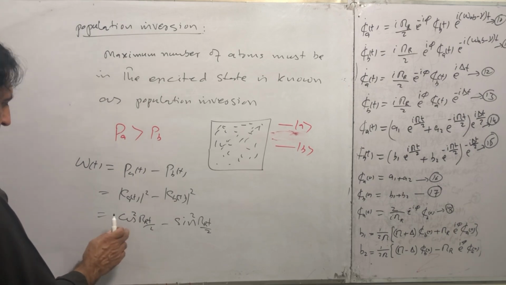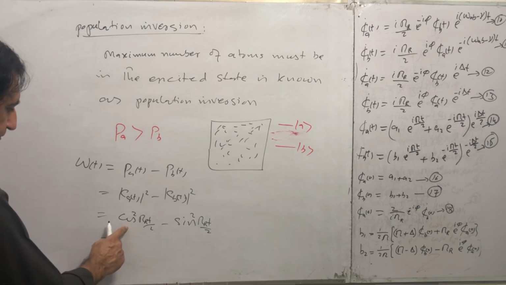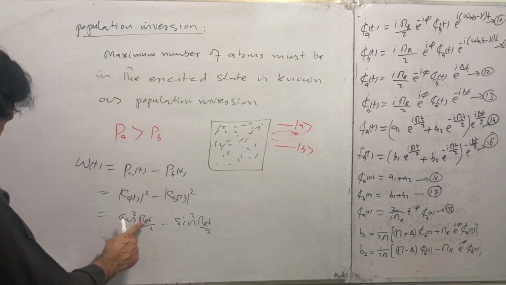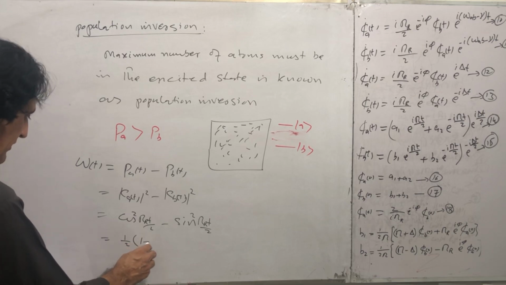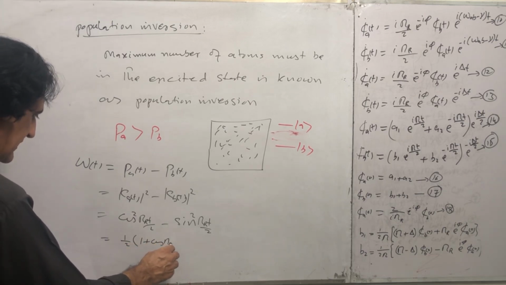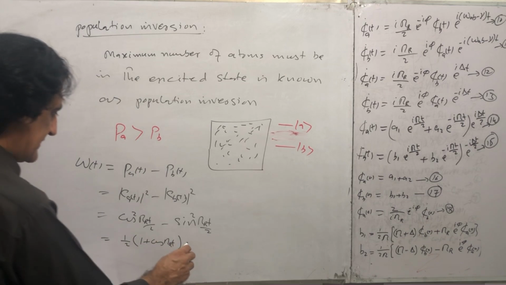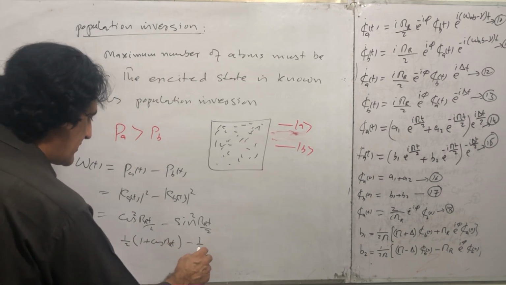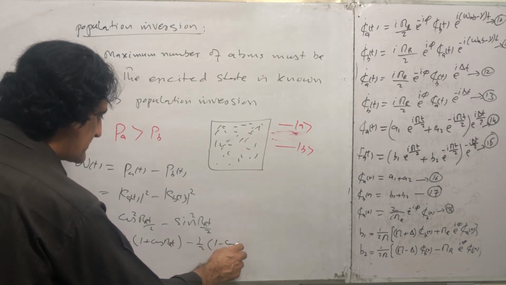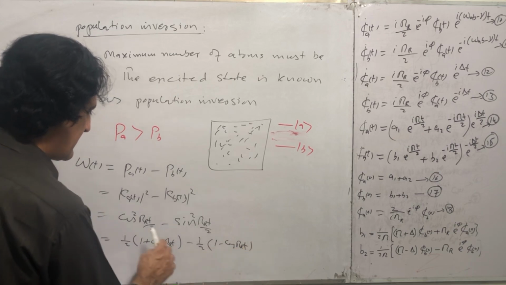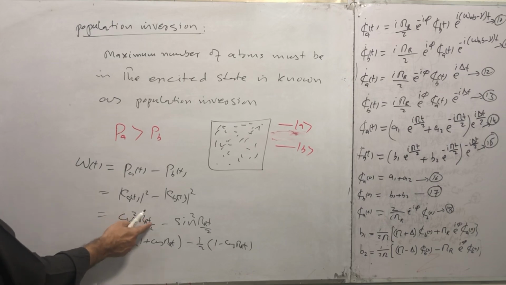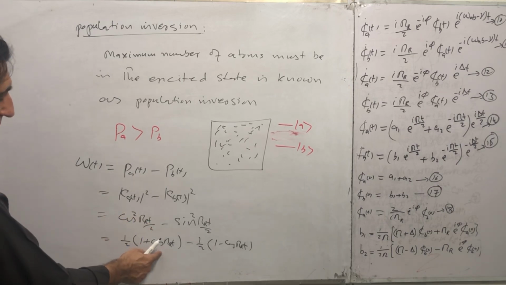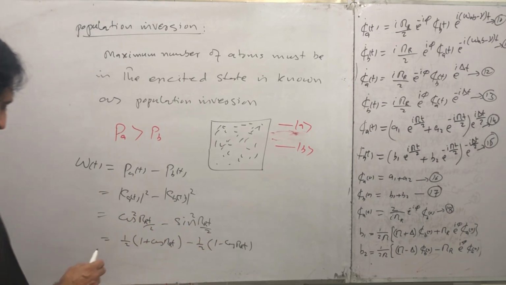If we put the value of cosine squared omega_r t in this form, this will be equal to 1/2 (1 plus cosine omega_r t) minus 1/2 (1 minus cosine omega_r t).